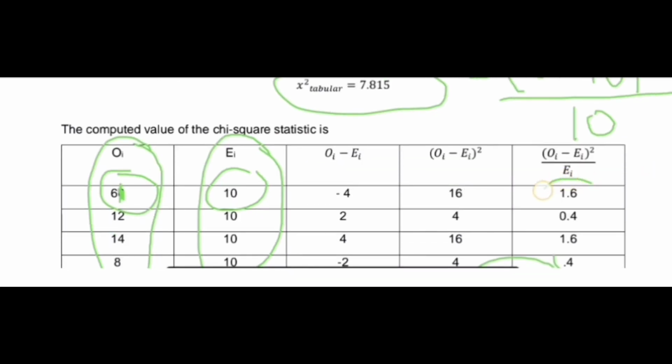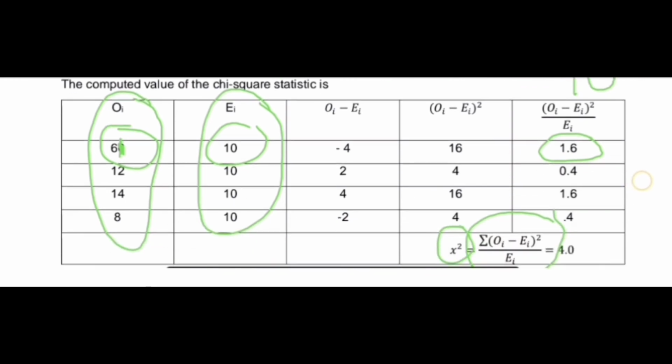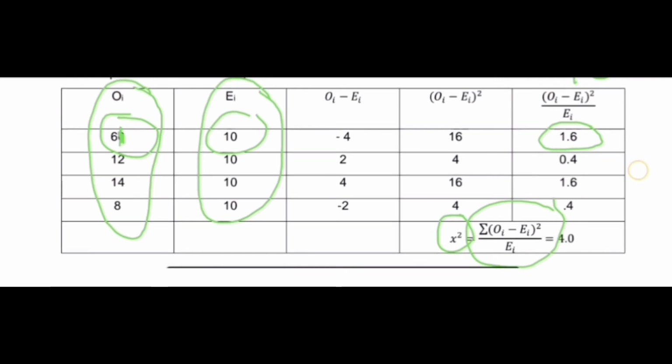You can see here that it is 1.6. And try to solve this on your calculators. The observed frequency of 12 and the expected frequency of 10 will be 0.4, and so on.